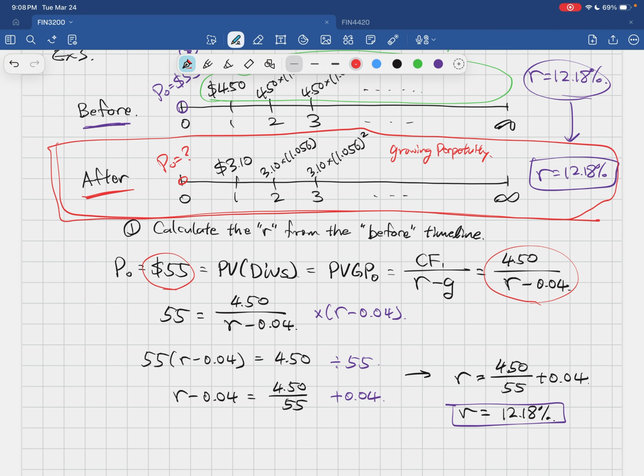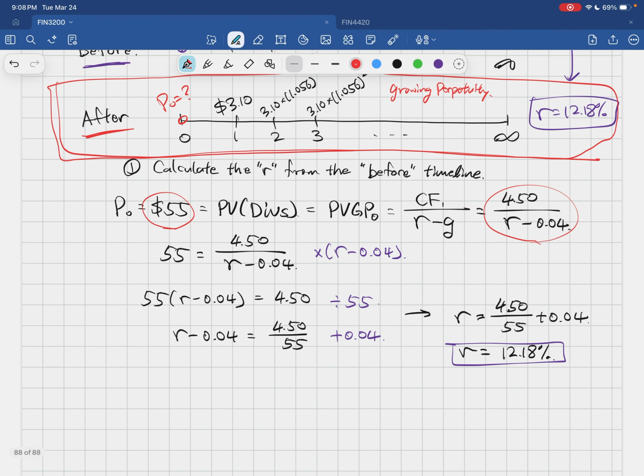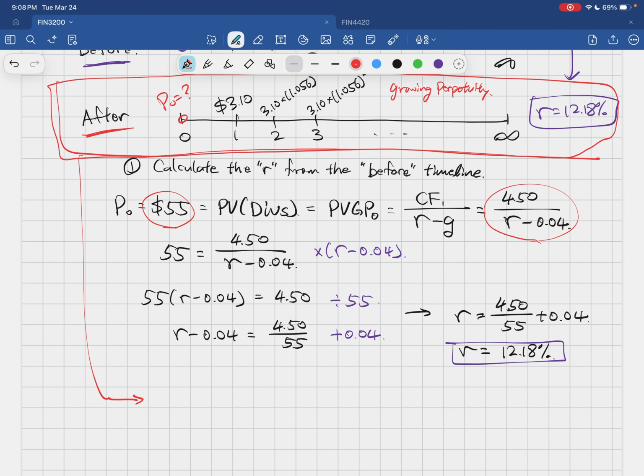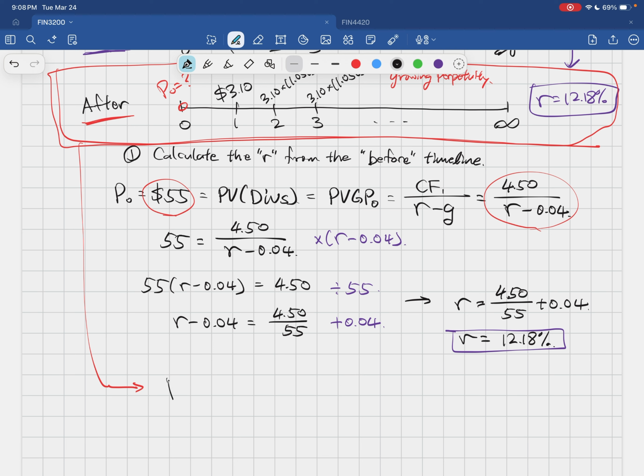So I'm going to come down here. The price at time 0 is still the present value of all of the dividends, right?